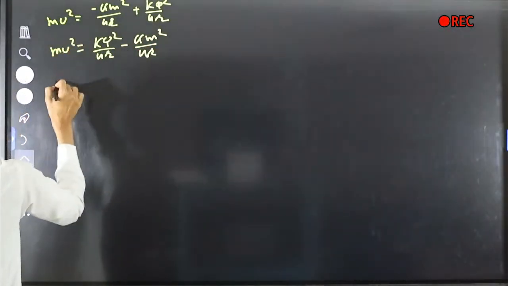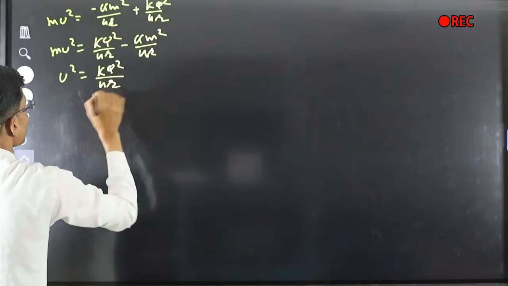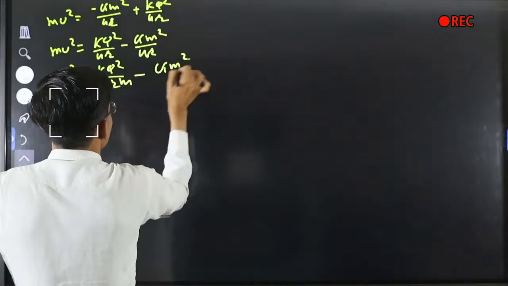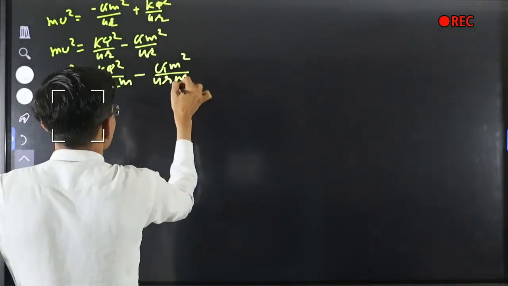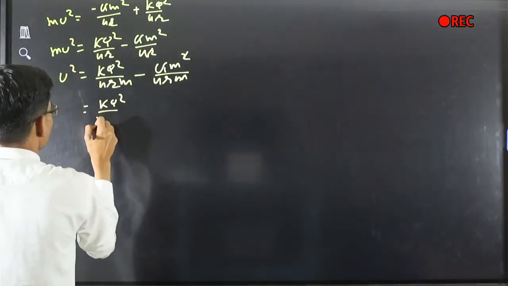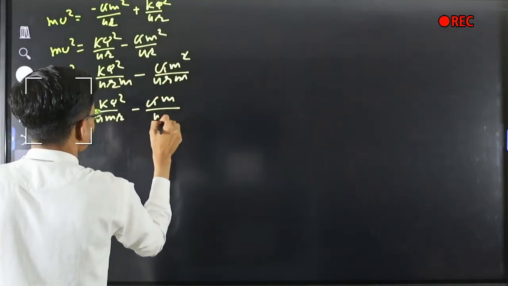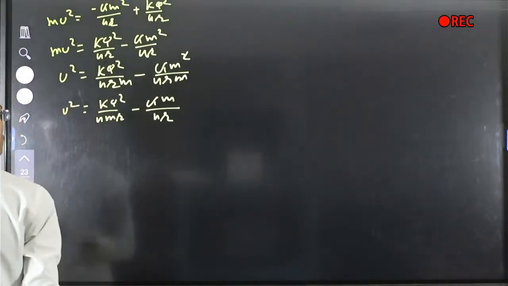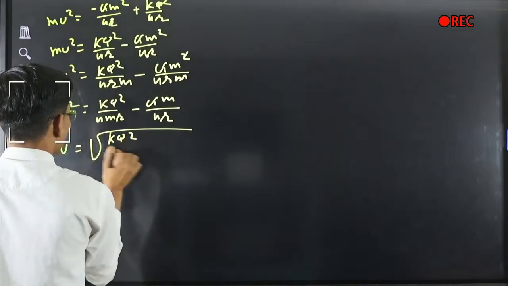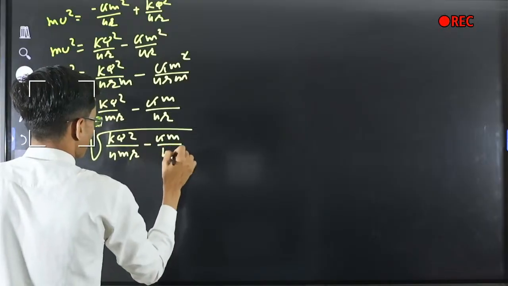So u square is equal to k q square by 4r into m minus G m square upon 4r m, the m will be cut. So k q square by 4 m r minus G m by 4r. So u square can be written as k q square upon 4 m r minus G m by 4.